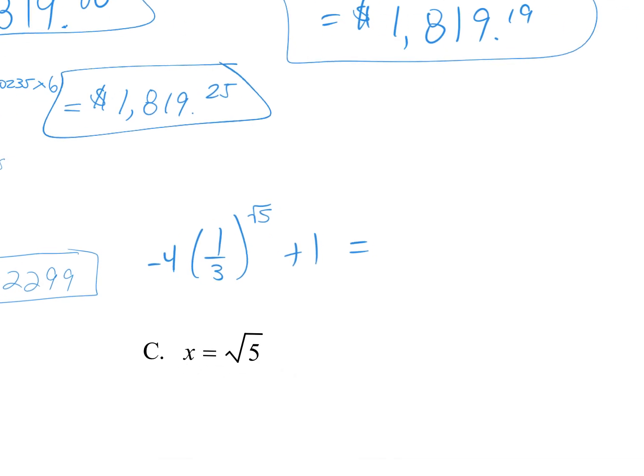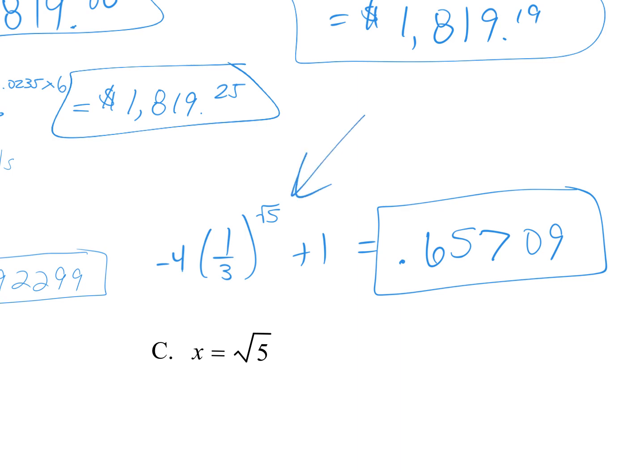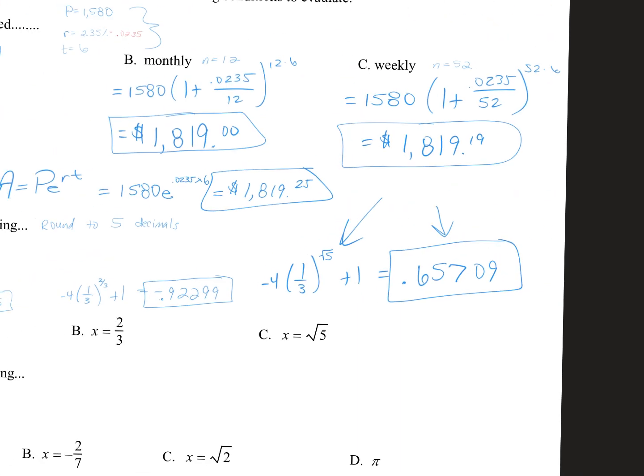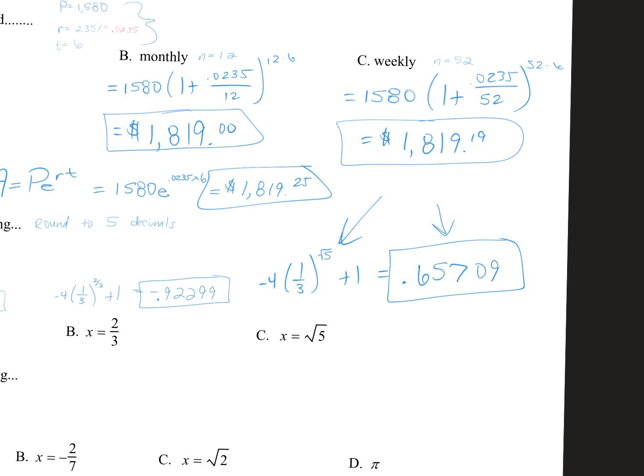And we get 0.65709. So make sure you are showing me what's going in the calculator, you're showing me your answer, and you're rounding to whatever the directions tell you to do: 3 decimal places, 5 decimal places, 1 decimal place, whatever.